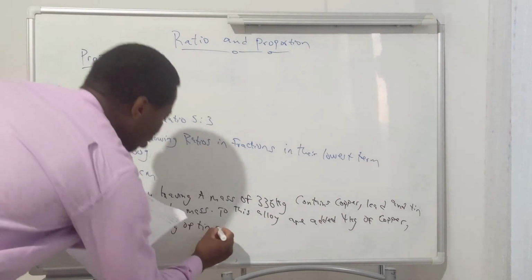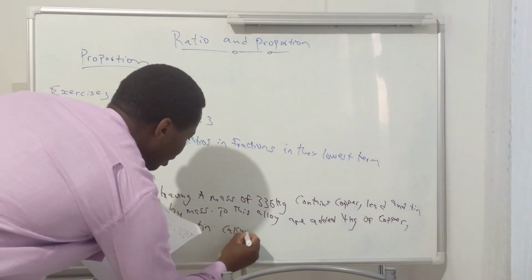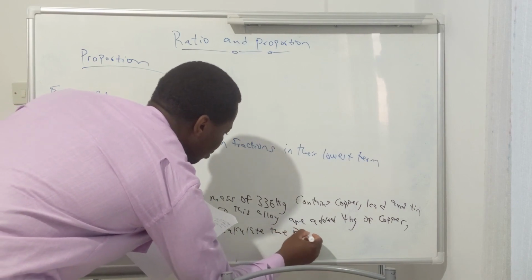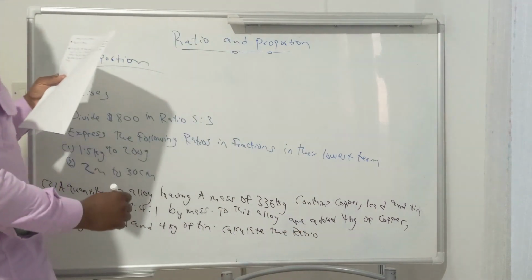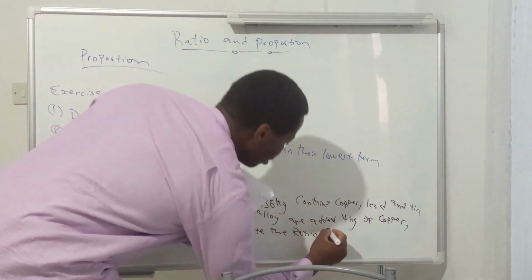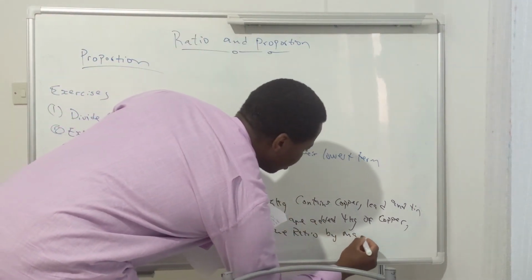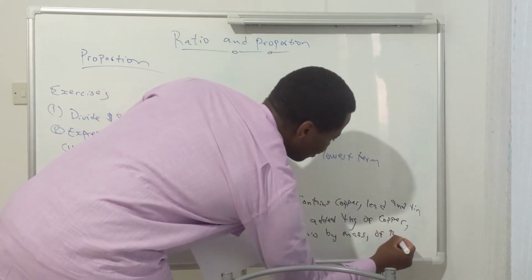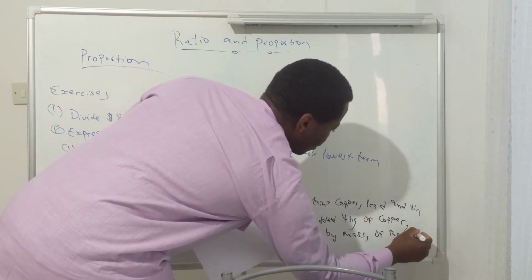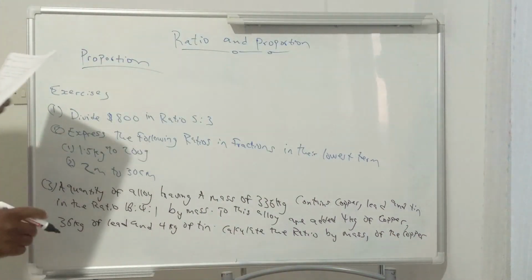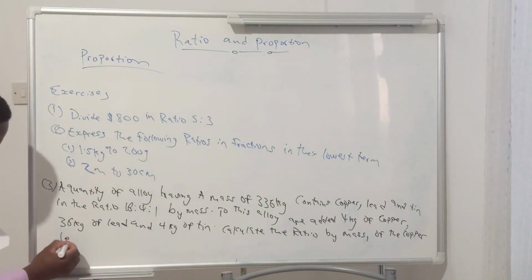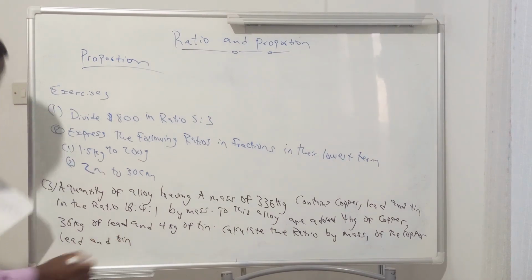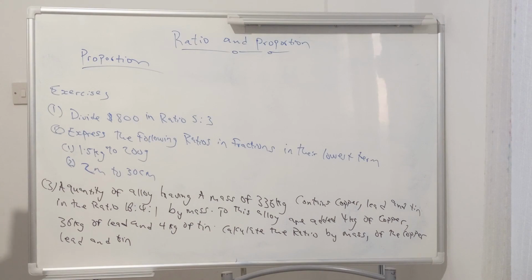Calculate the ratio by mass of the copper, lead and tin in the new alloy.